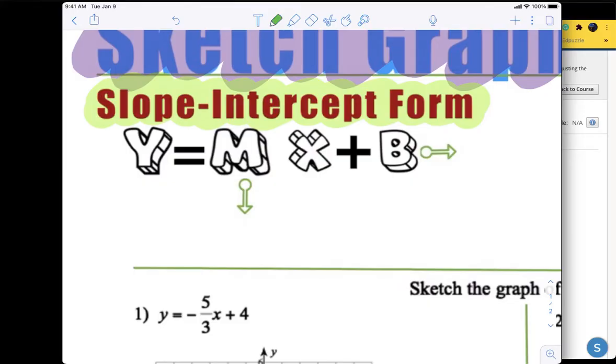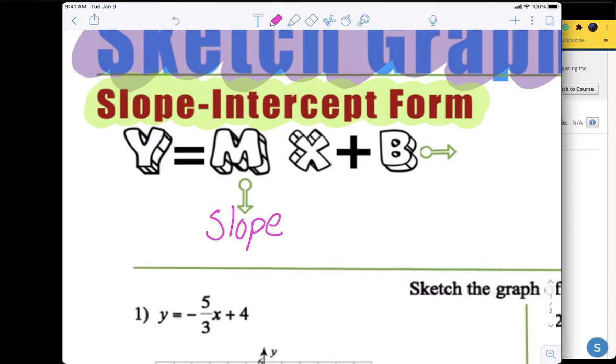Okay? So the two important pieces in this equation, as you can see, have arrows next to them: the m and the b. Those are the two important pieces in this equation. Now with m, we already know what m is, right? M is equal to slope.